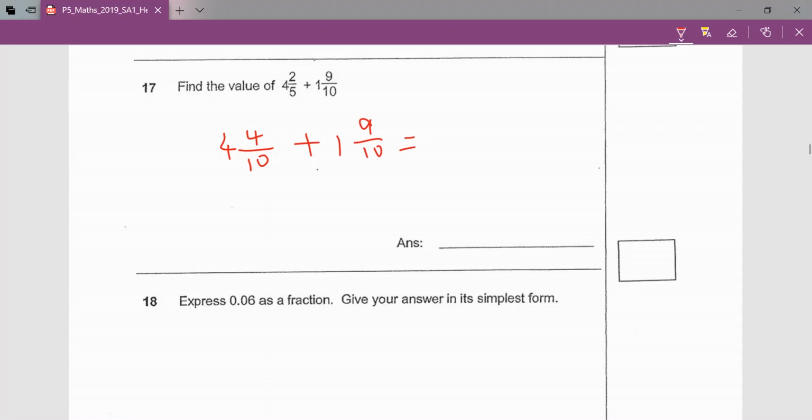My whole number plus whole number, 4 plus 1 is 5. My fraction 9 plus 4 will give me 13 over 10. 13 is too big. 13 can actually give me 1 whole and 3 over 10. So you bring down the 1 whole, becomes 6 and 3 over 10. The final answer is 6 and 3 over 10.